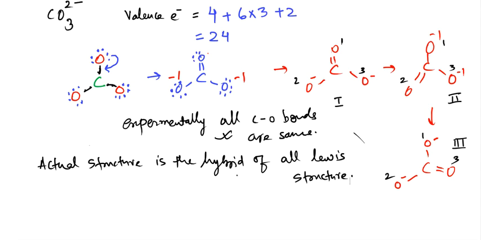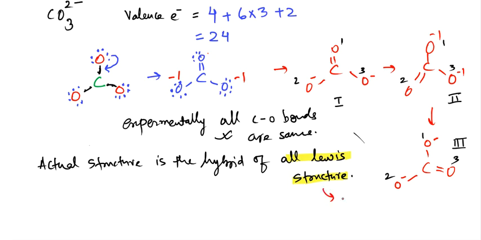So here resonance comes into the picture. Whenever we have more than one Lewis structure of a particular compound or ion, the actual bonding is explained by resonance. All these valid Lewis structures are called canonical structures, or resonating structures.